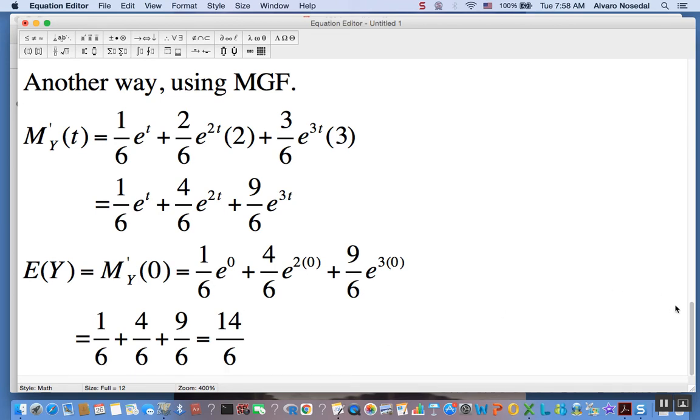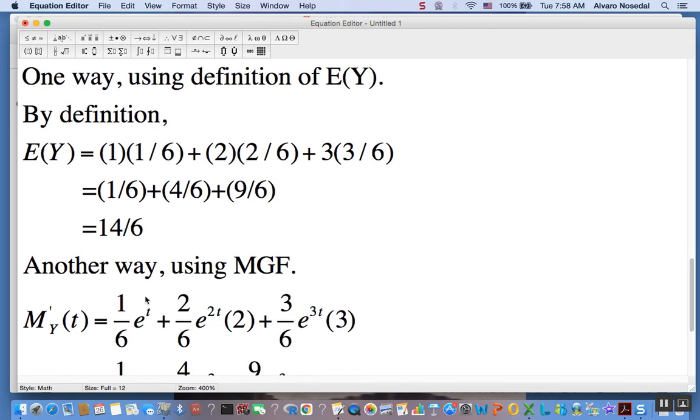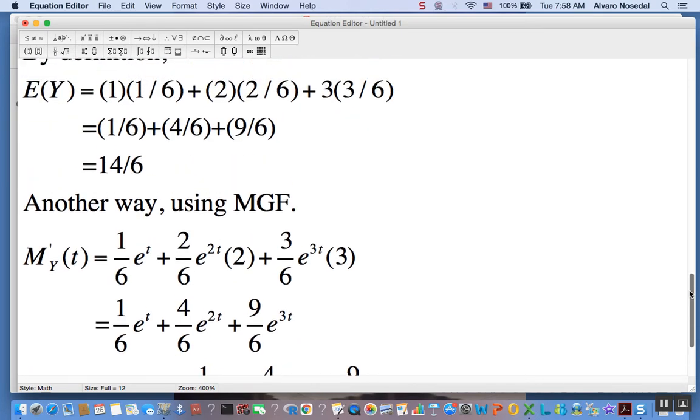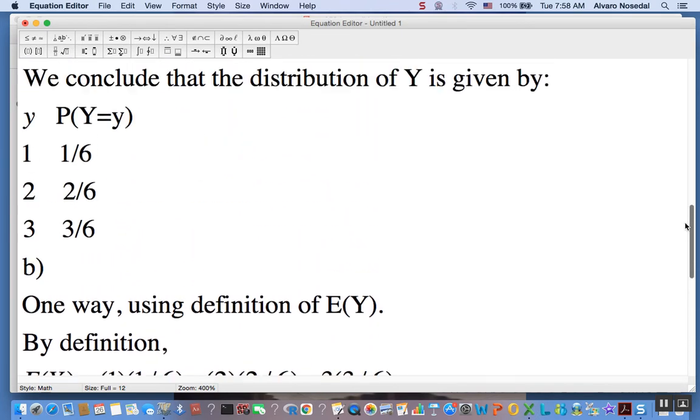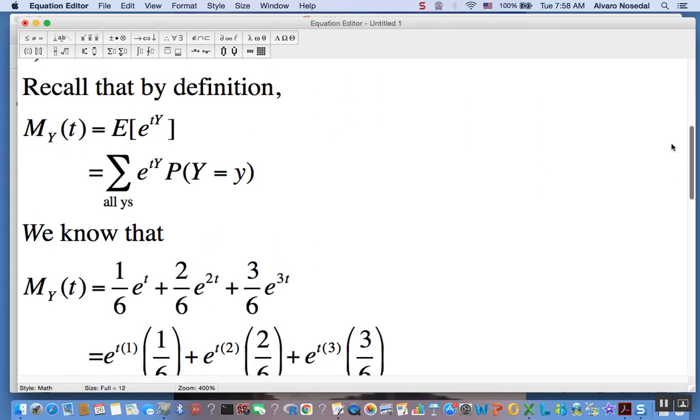Right? And that is the same that we obtained using the definition of expected value. Right? Okay. So we are done with part B. We found the expected value.